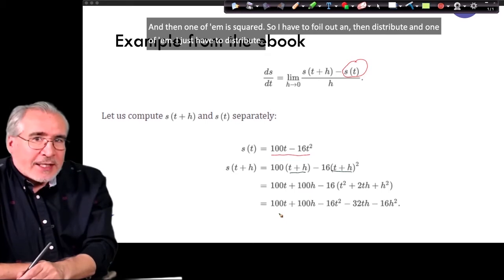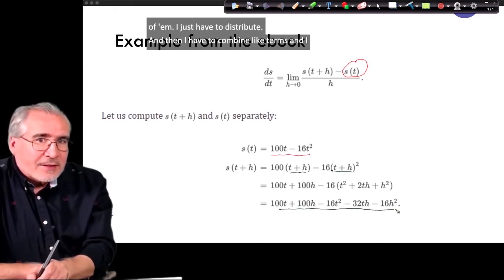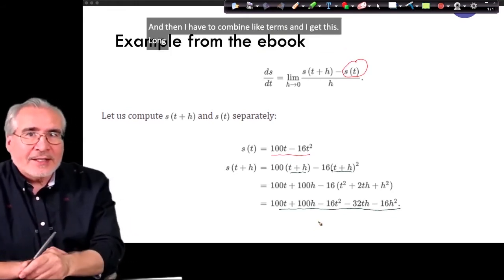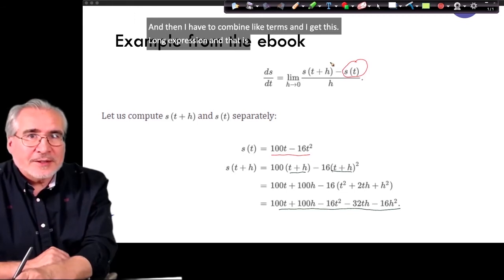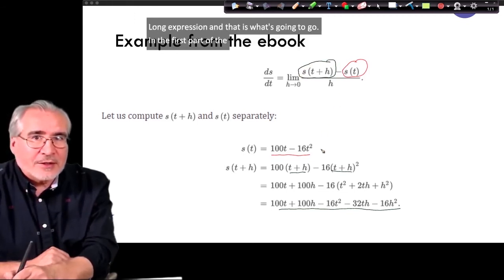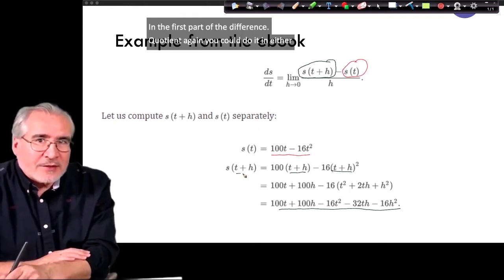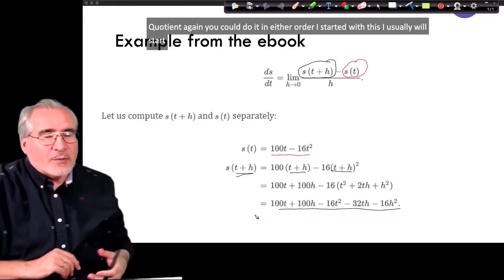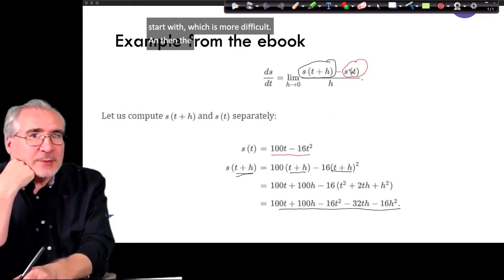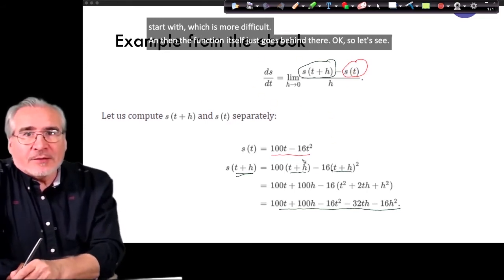And then I have to combine like terms, and I get this long expression. And that is what's going to go in the first part of the difference quotient. Again, you could do it in either order. I started with this. I usually will start with what's more difficult, and then the function itself just goes behind there.